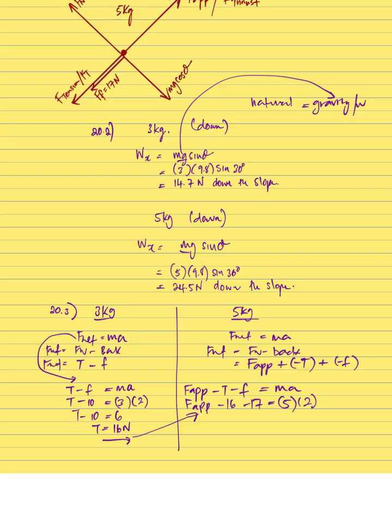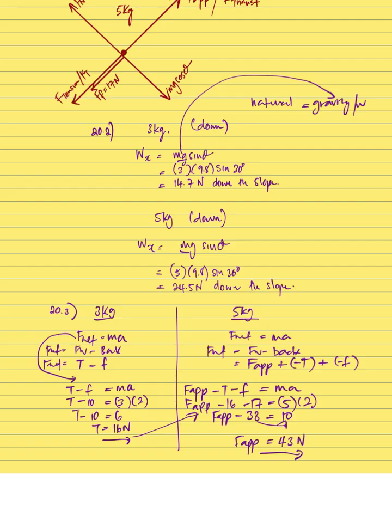So minus 16 minus 17, I think it's 33, is equal to 5 times 2, which is 10, and that's F applied. This is going to move to the other side, and the F applied is then equal to 43 newtons.